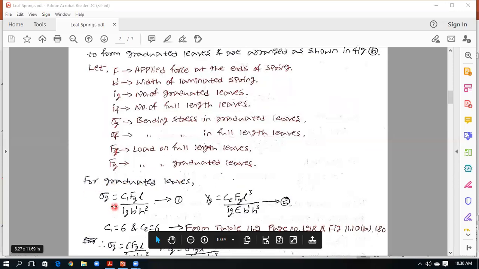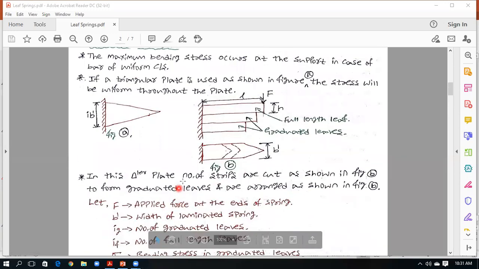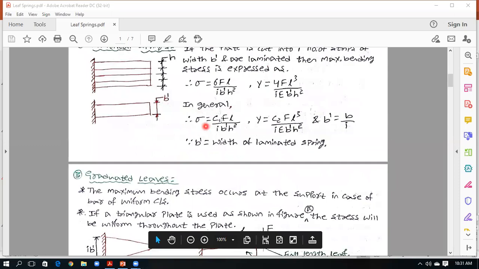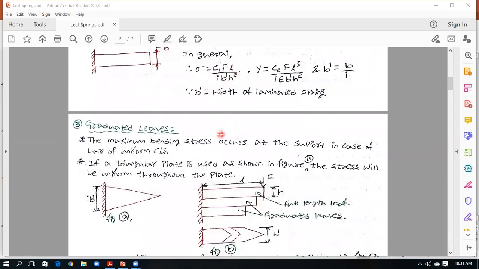Now I'm going to find the equation for the stress induced in the graduated leaves. In the previous step, you have noted down the equation: sigma is equal to C1 F L by I b dash h square. Take down the same equation.